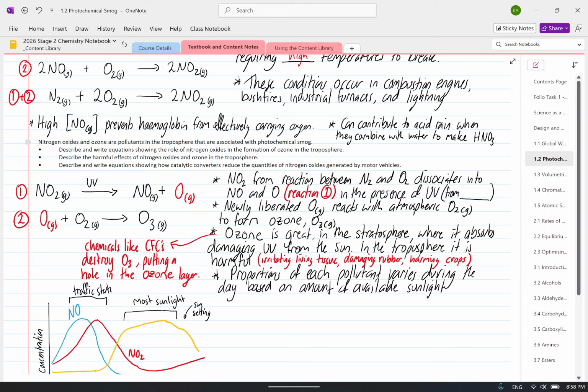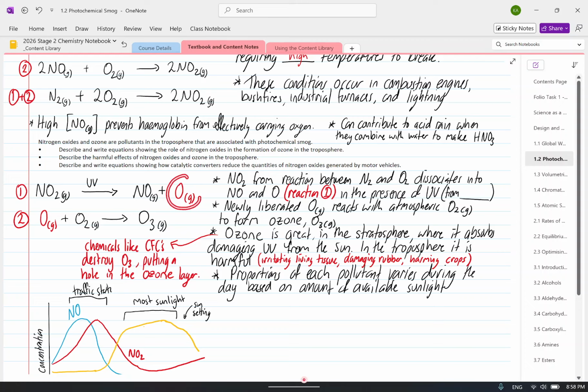And what we have happening is we've formed our nitrogen oxides or our nitrogen dioxide. It then gets hit with UV radiation, and it will split into our NO as well as a free oxygen atom.